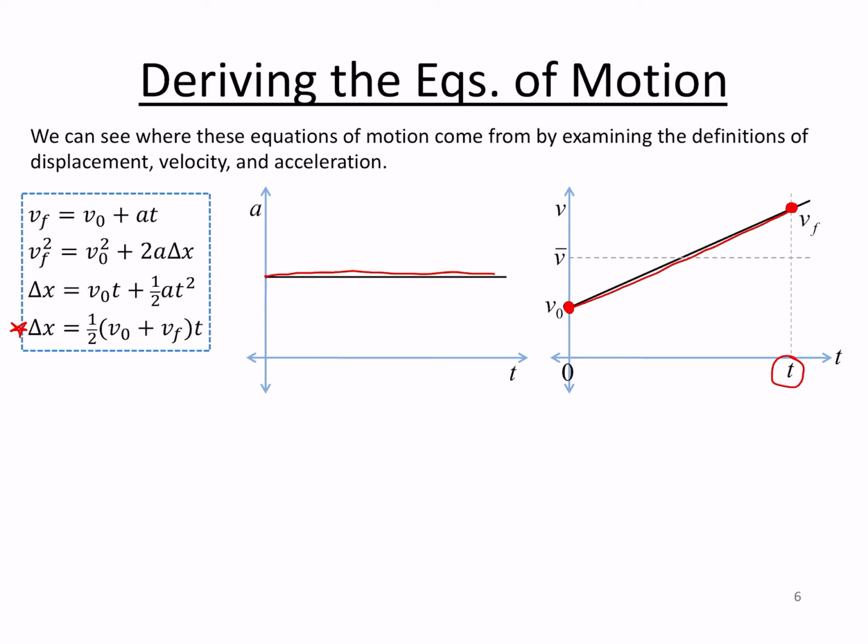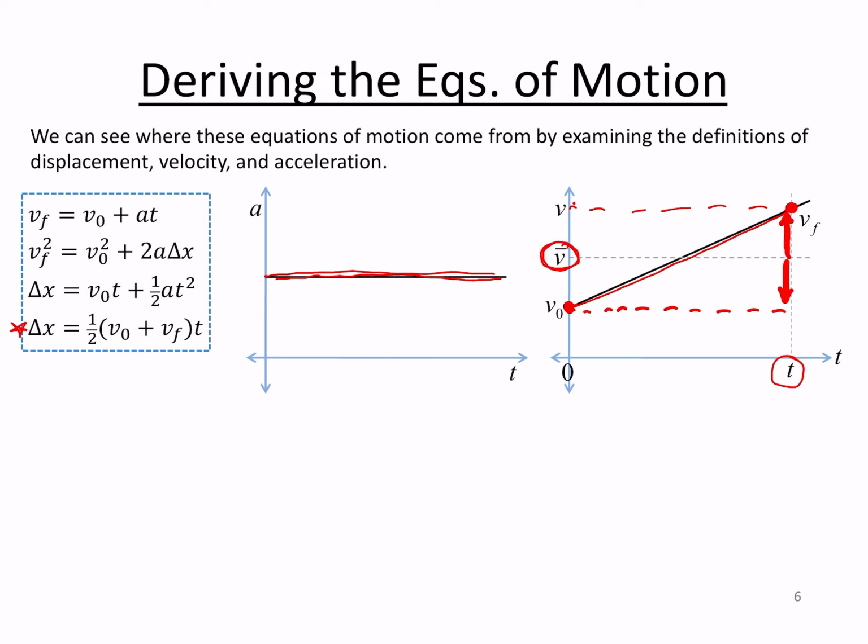Now, because this is a line, because we have constant acceleration, not some varying acceleration, well then, the average velocity of the object during this time must be exactly the midpoint between these two values, final velocity and initial velocity.